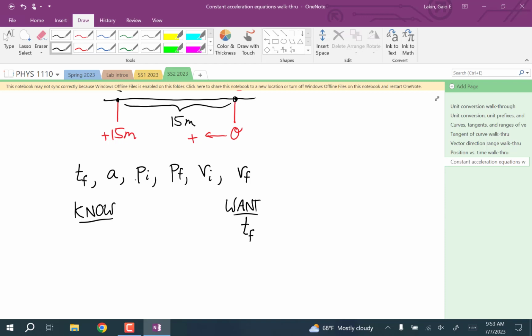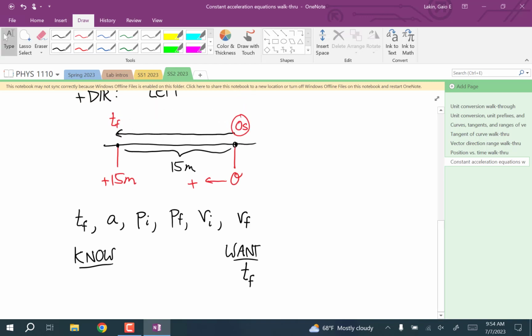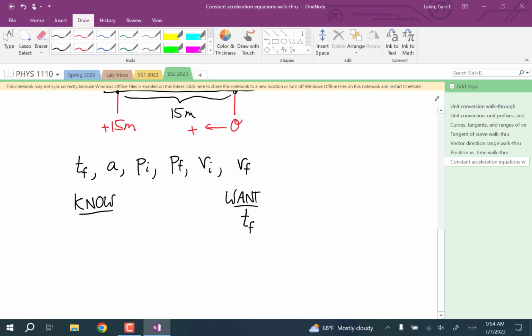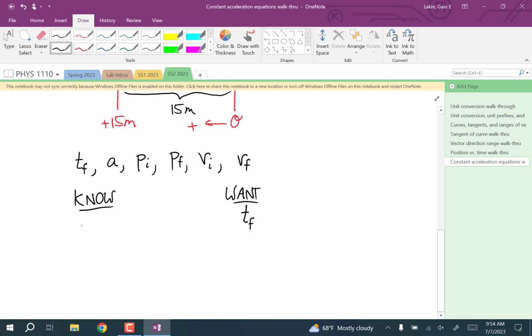So pause and see if you can figure out the value of P initial if we know it. Okay, at time equals 0, the object is at 0 position. So our P initial is 0 meters.